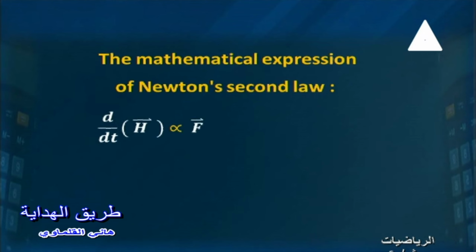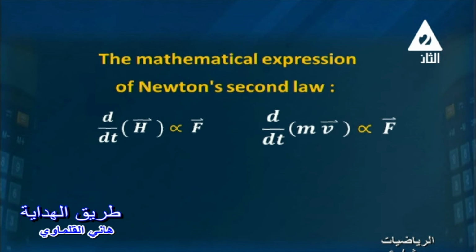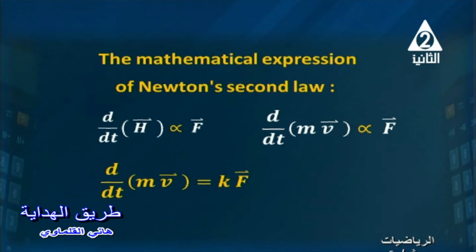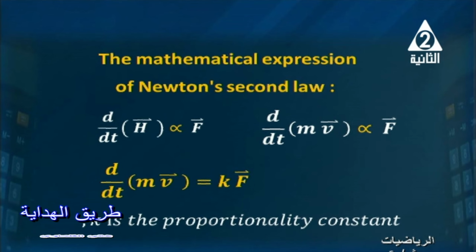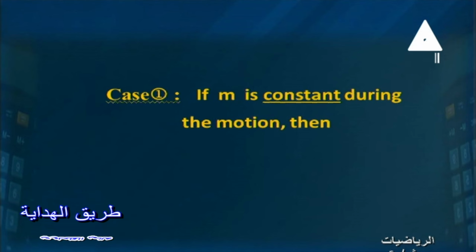The mathematical expression of Newton's second law: the rate of change of momentum, the derivative of H with respect to time, varies as vector F. The derivative of m multiplied by vector v with respect to time varies as vector F, and equals a constant k multiplied by vector F. K is a constant, and this constant equals 1.